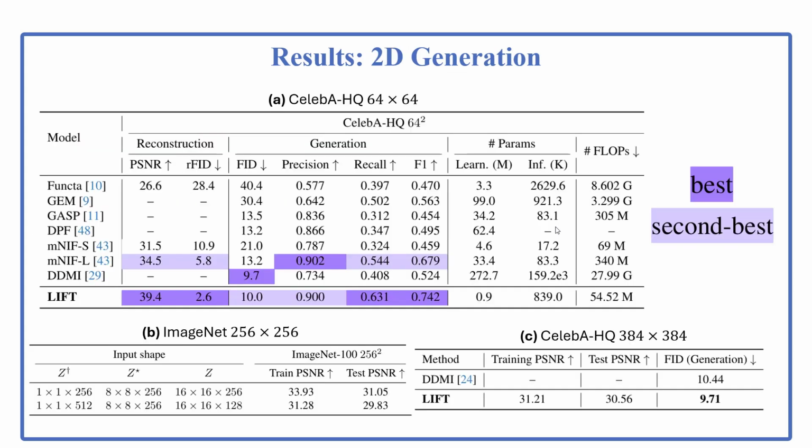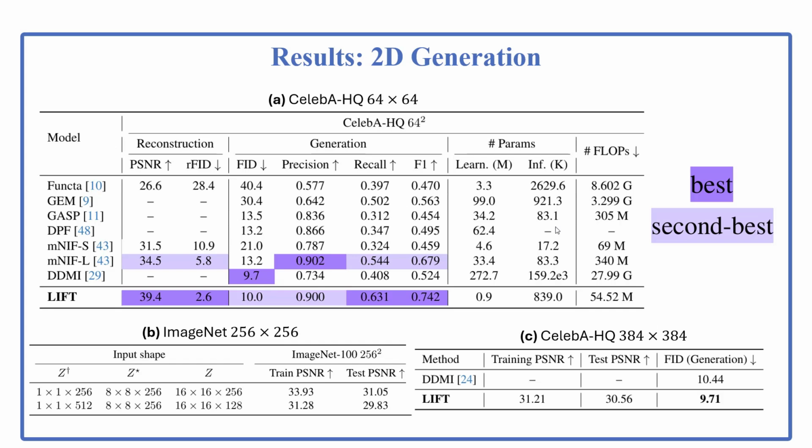And these are the quantitative results. We did the reconstruction and generation tasks on the CelebA dataset of size 64 by 64, and we also scaled up our approach to 384 by 384.